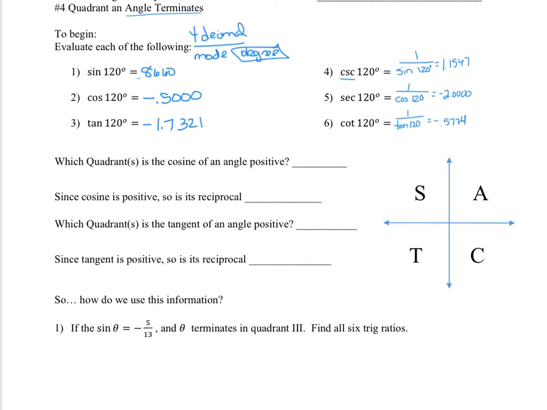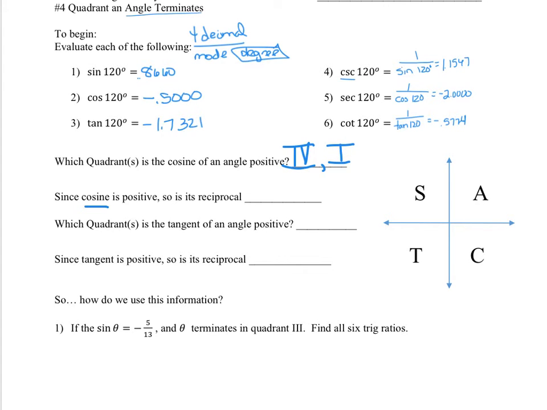It's interesting, but this is how it works. Okay, in which quadrant is the cosine of an angle positive? The cosine is positive in quadrant 4, but also in quadrant 1.